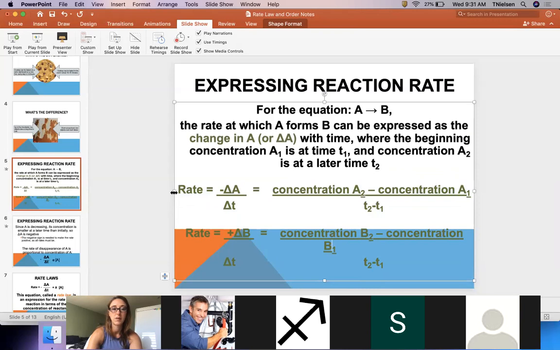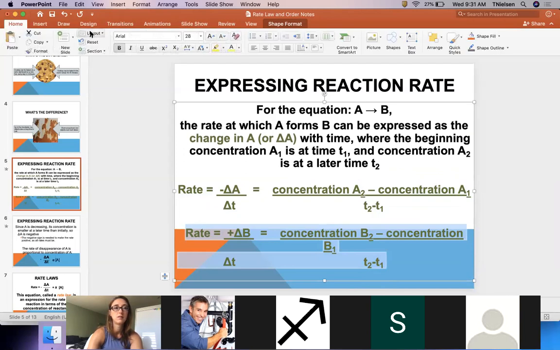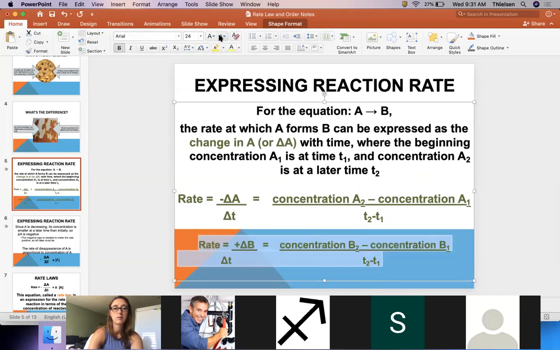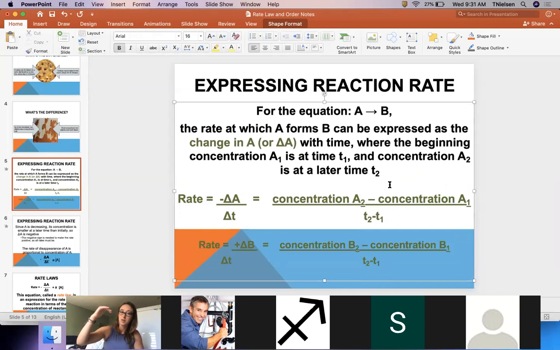So let's see if I can maybe make this a little bit smaller. That'll work. Okay, so there's another way you could describe rate. You could either look at it as how quickly the reactants are being used up or how quickly the products are being formed. That makes that a little bit more thorough now.